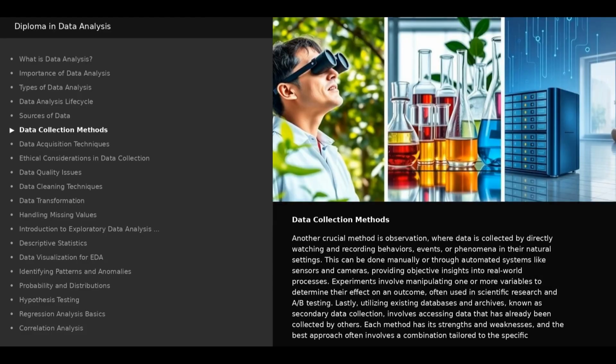Another crucial method is observation, where data is collected by directly watching and recording behaviors, events, or phenomena in their natural settings. This can be done manually or through automated systems like sensors and cameras, providing objective insights into real-world processes. Experiments involve manipulating one or more variables to determine their effect on an outcome, often used in scientific research and A/B testing.